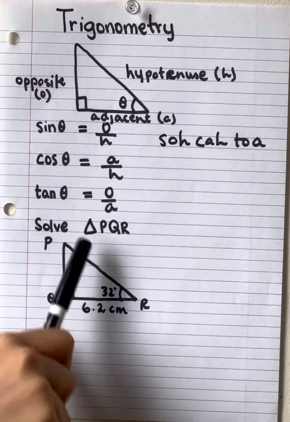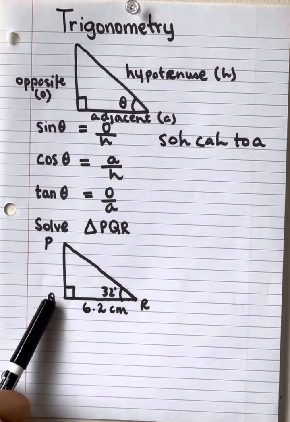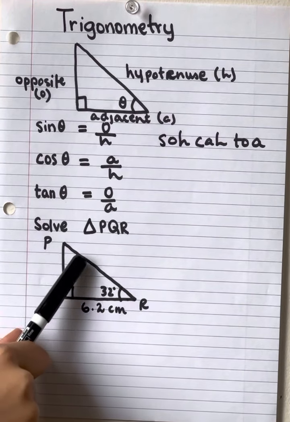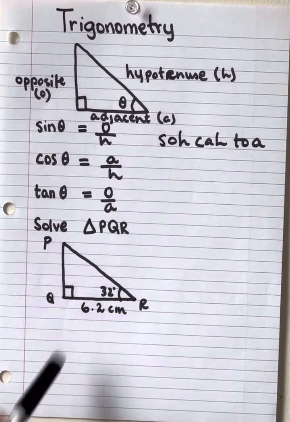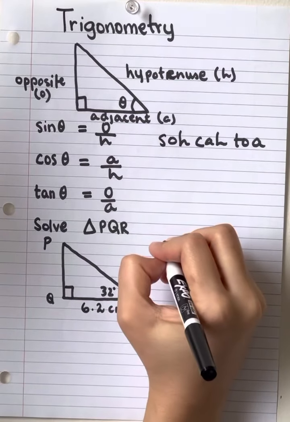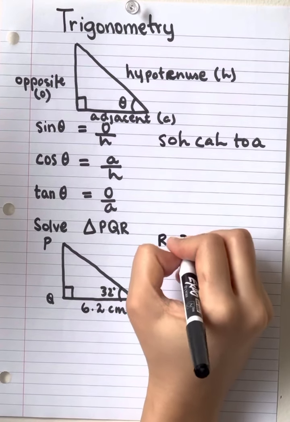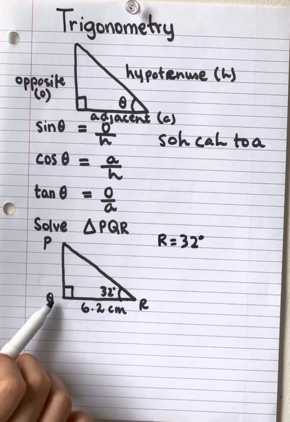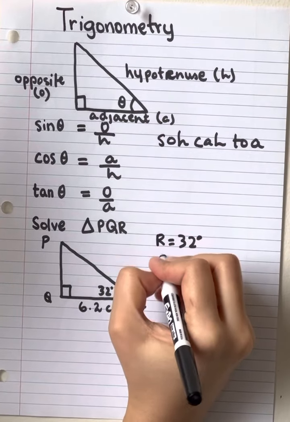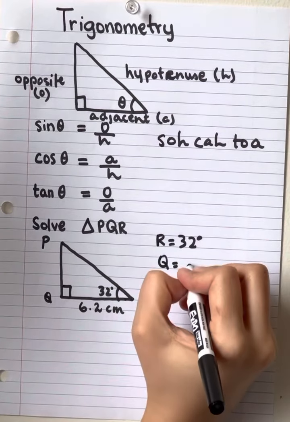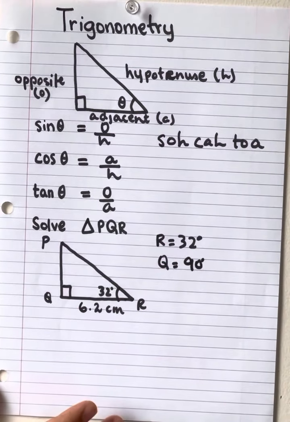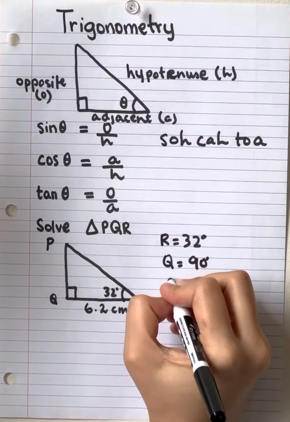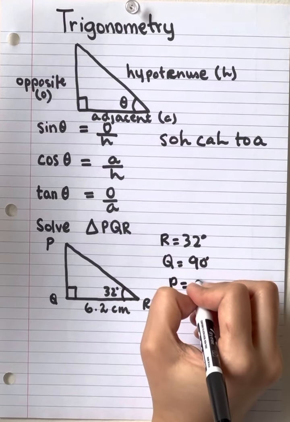So now it asks us to find the length between P and Q, P and R, and also find out the angle P. So here we know our angle R is 32 degrees. We know our angle Q is 90 degrees. In a right triangle, there has to be a 90-degree angle. And we need to find our angle P.